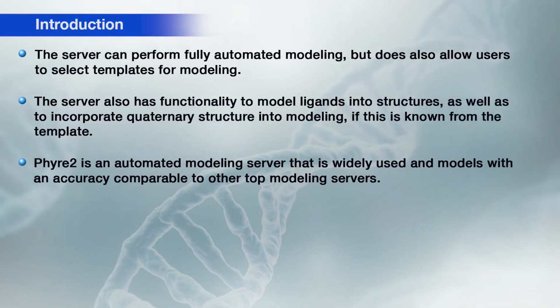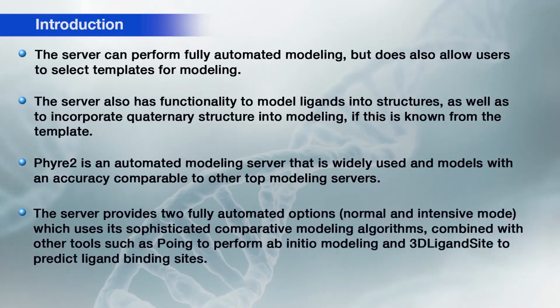It provides two fully automated options, normal and intensive mode, which use its sophisticated comparative modeling algorithms, combined with other tools such as Poing to perform ab initio modeling and 3DLigandSite to predict ligand binding sites.